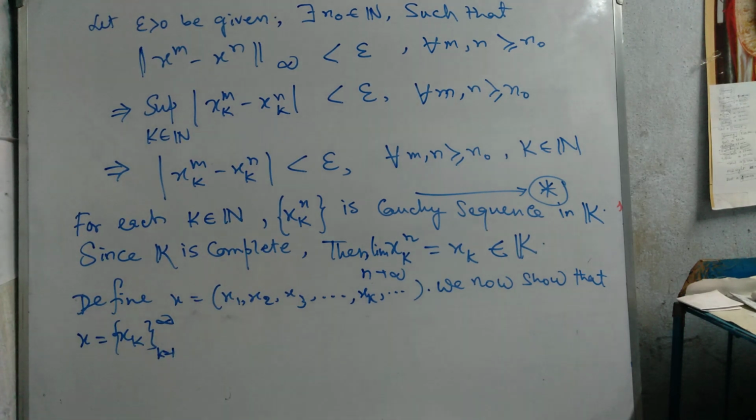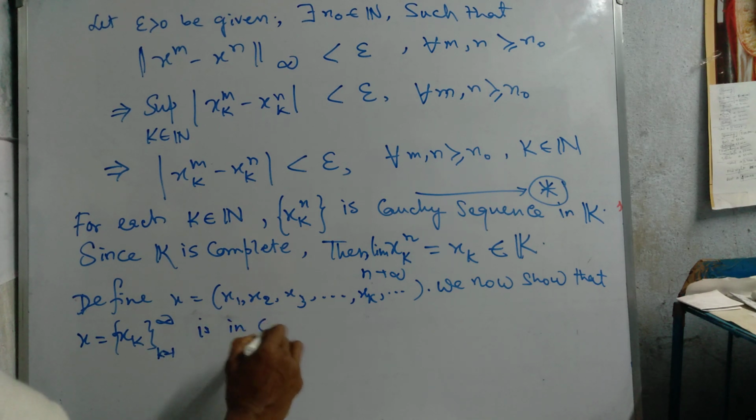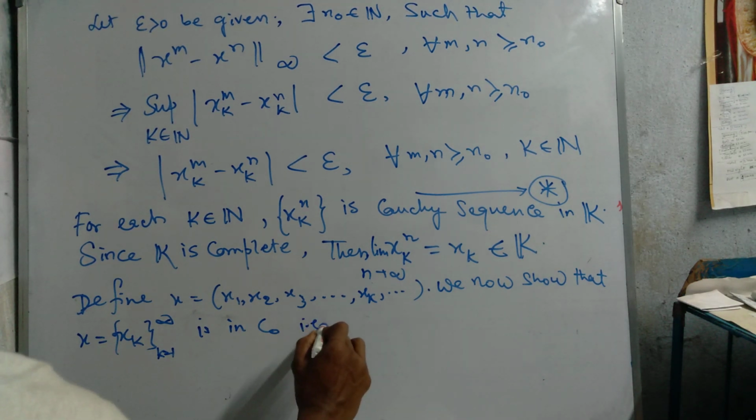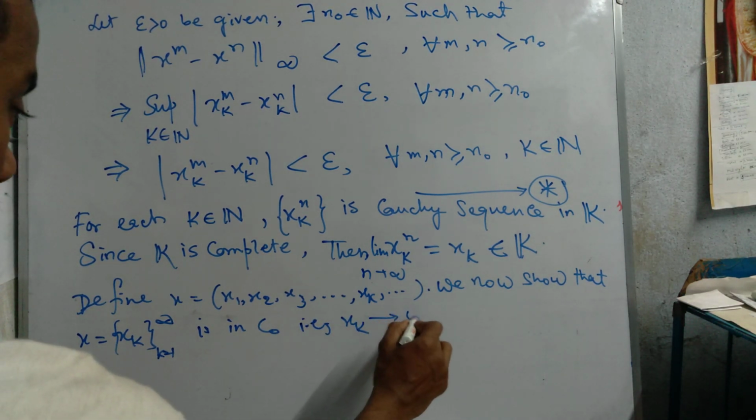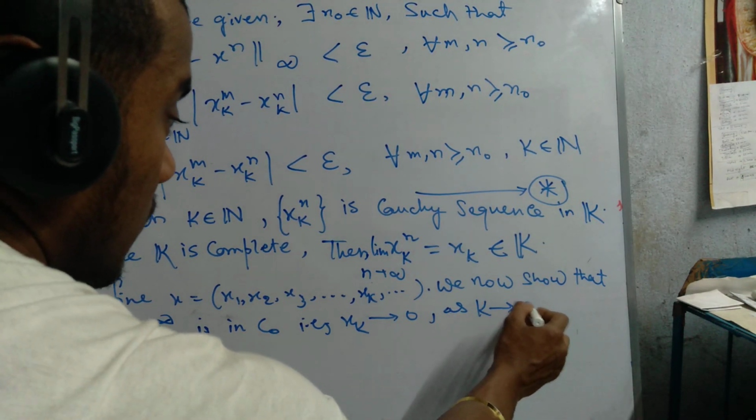So x, this one, we now show that this is in c0. This is in c0 means what? That means xk tends to 0 as k tends to infinity.